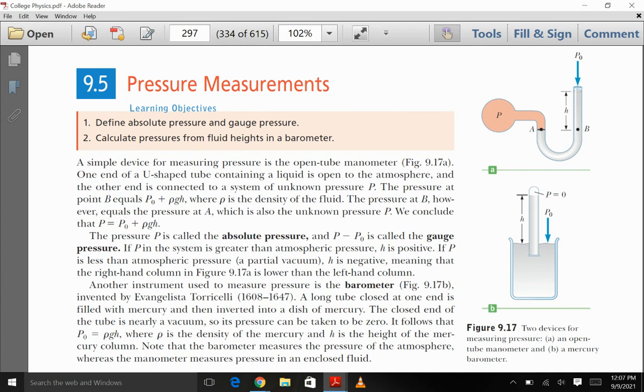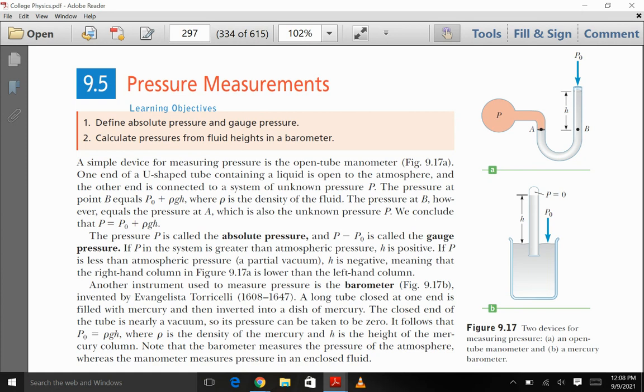So if the absolute pressure in the system is greater than atmospheric pressure, then h is positive. So what do they mean when they say h is positive? It simply means that where point B is, or where that fluid is reaching, the right hand column, you can see where that fluid is, right?